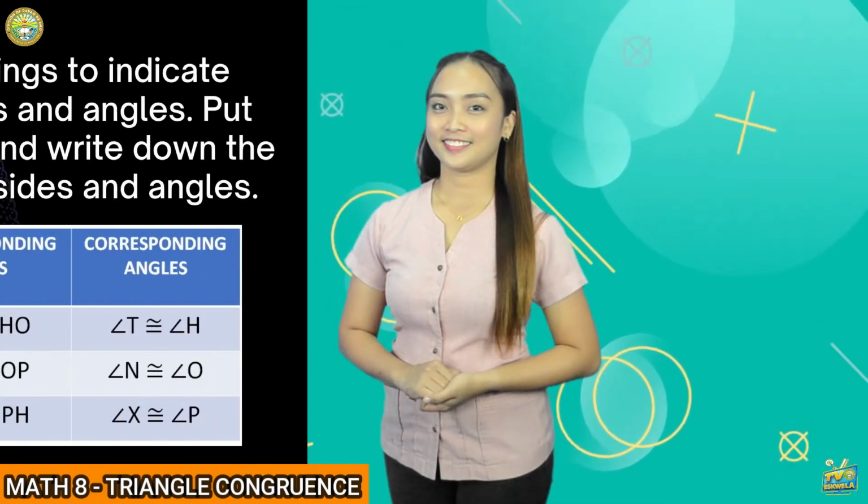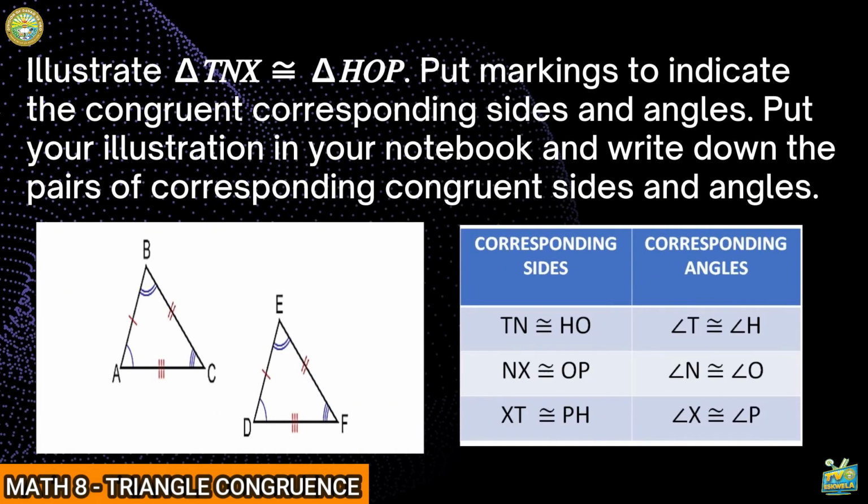Kindly check your work based on the table. The pairs of corresponding sides are namely, line segment TN is congruent to line segment HO.